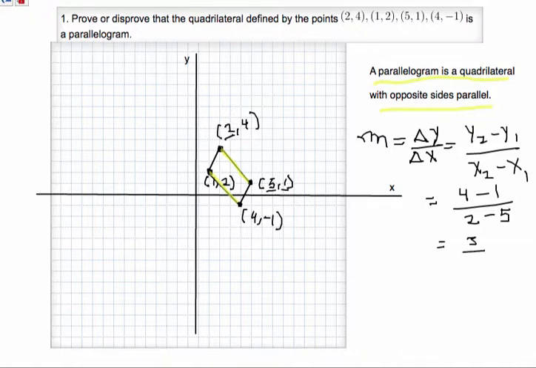So we get 3 over -3, or -1. So the slope of this line is -1.